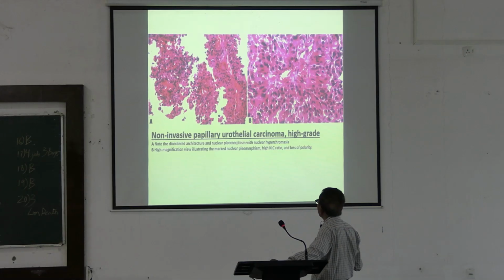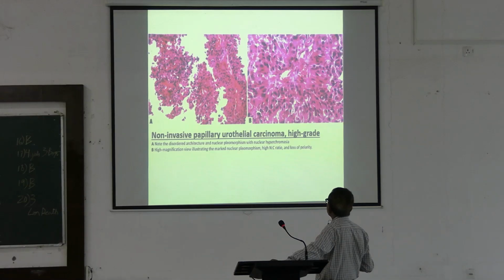See the high grade one. The individual cells are more pleomorphic, more hyperchromatic. So we call it high grade. Papillae cannot be distinguished, they are fused together.